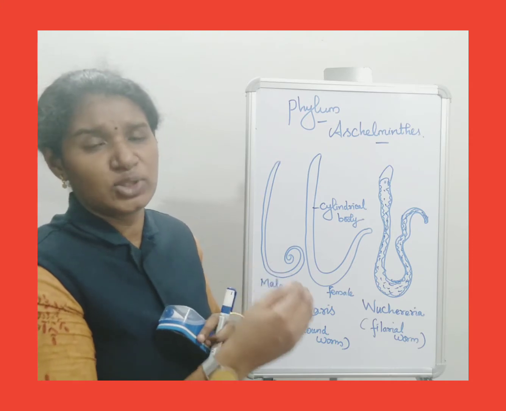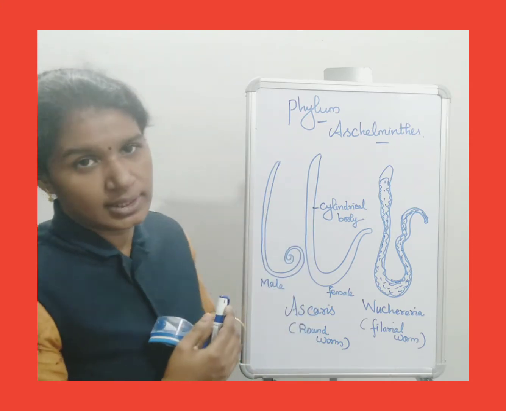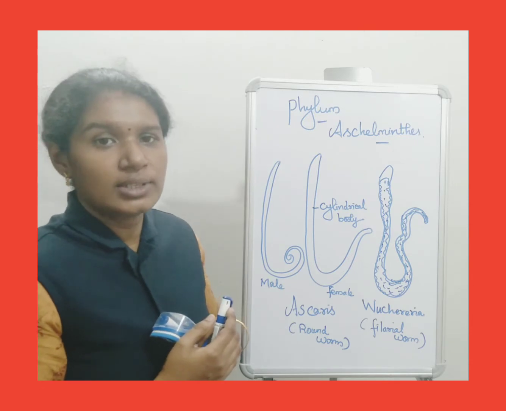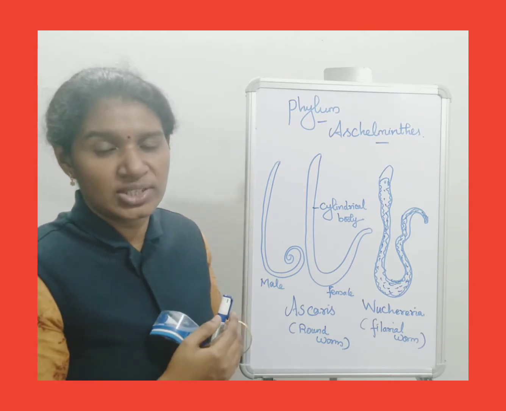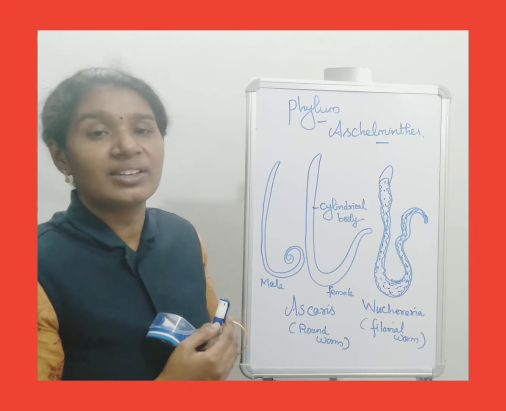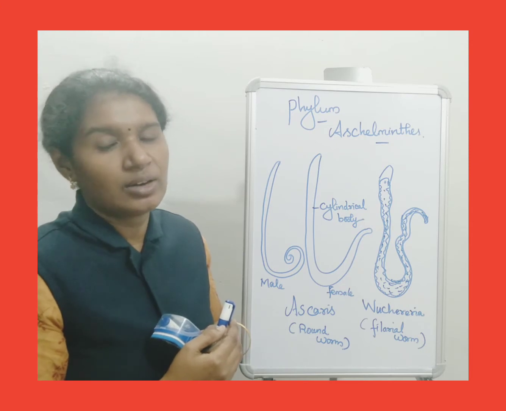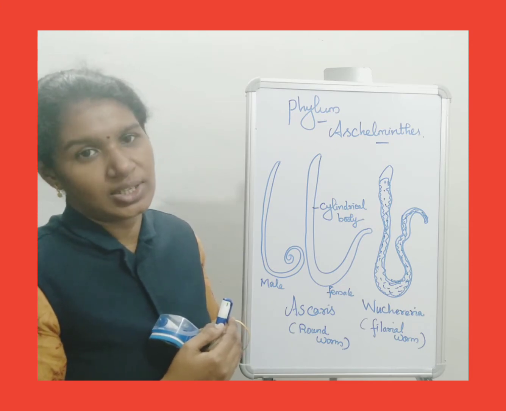So different types of worms all come under Aschelminthes. Normally the digestive system is well developed, that is organ system grade of organization. But the skeletal and nervous systems are absent.